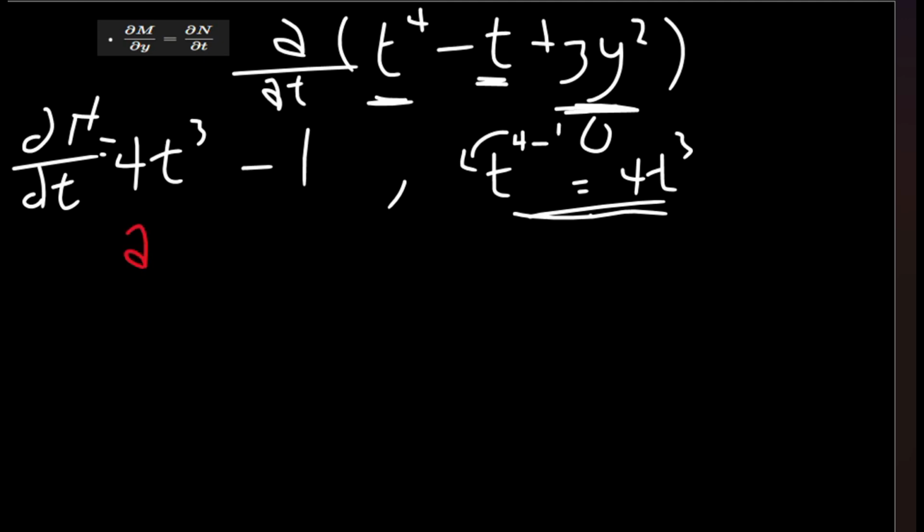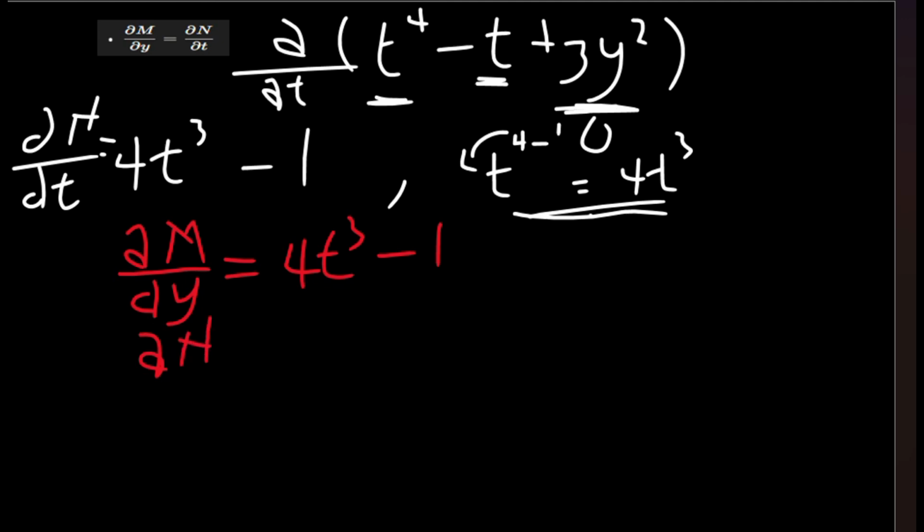So del M over del y is equal to 4t cubed minus 1, and del N over del t is also equal to 4t cubed minus 1.